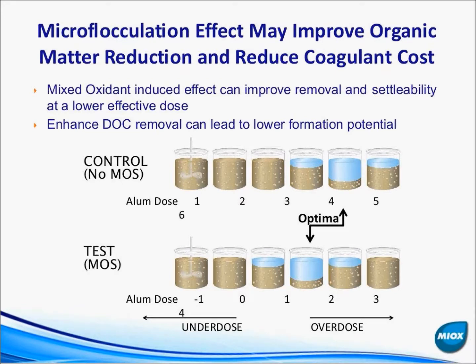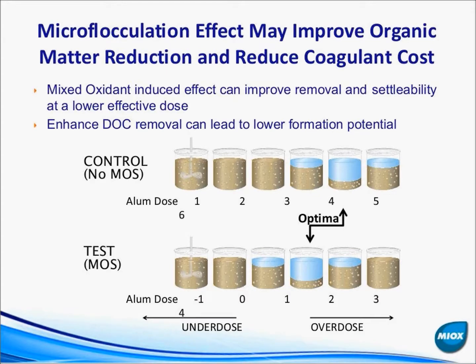A lot of times you may hear us talk about the microflocculation effect and what that actually is. In its simplest form, it's doing something that may be a bit counterintuitive. Some of our customers may say, oh my gosh, why would you put a chlorine-based product prior to my settling basin if my problem is disinfection byproduct formation?